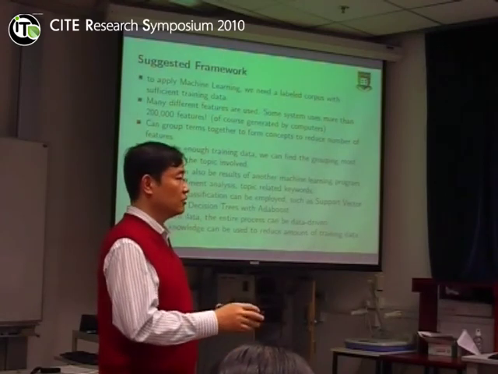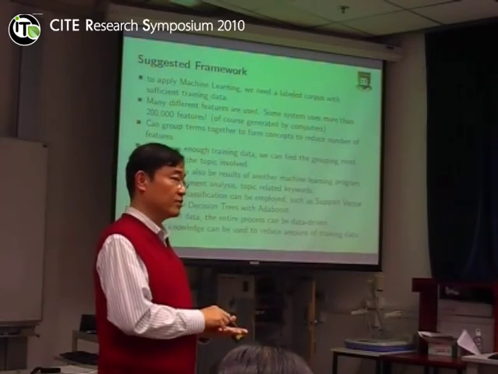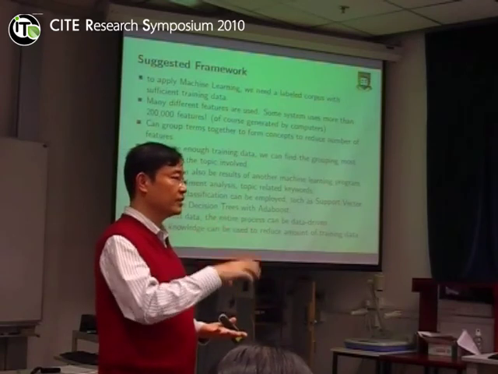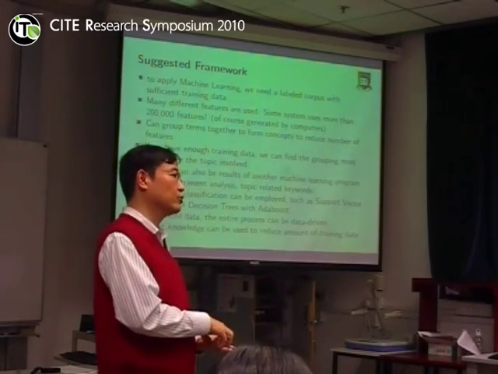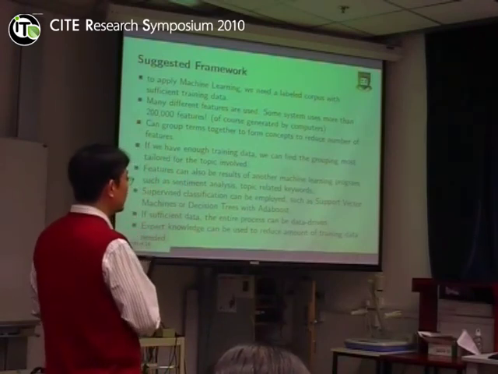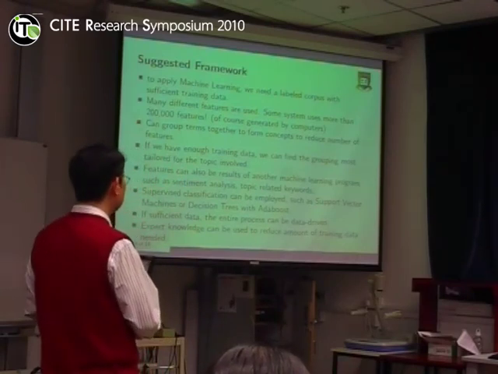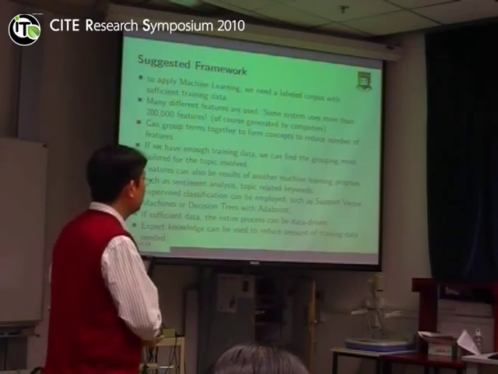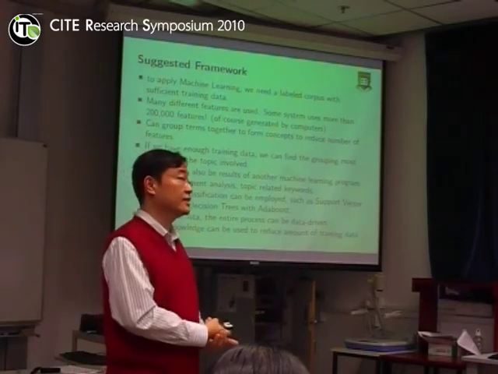Of course, we need to have sufficient data with labels, for example, which class a sentence belongs to. If there is sufficient data, the entire process can be data-driven. Finally, expert knowledge can be used to reduce the amount of training data that is needed.